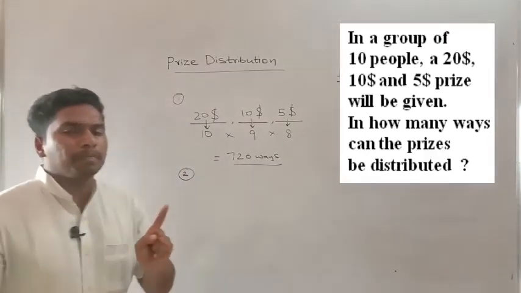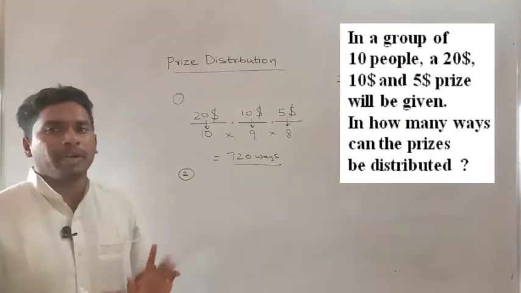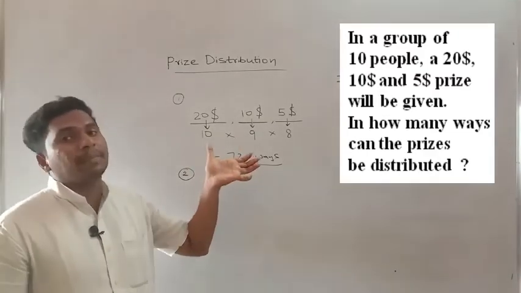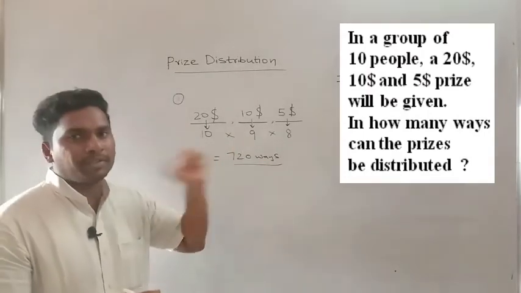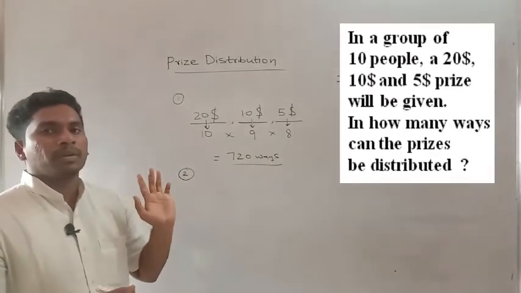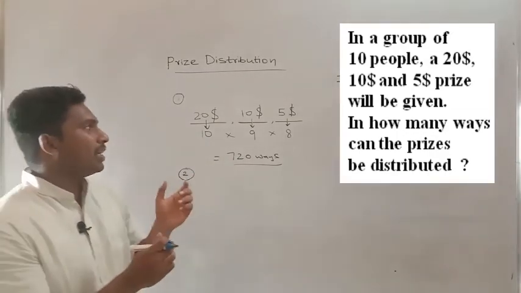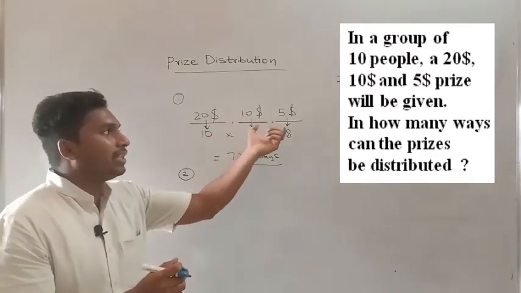I will tell you one thing, just blindly remember it. If there are different prizes, 3, 4 or 5 of them, that pertains to permutations. Here the first person is getting 20, the second 10, the third 5.